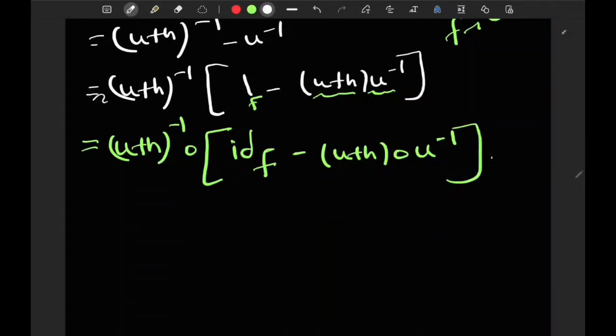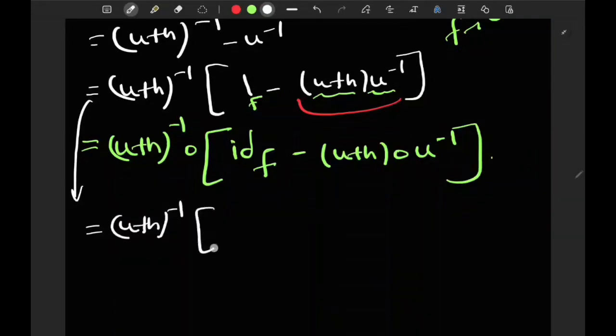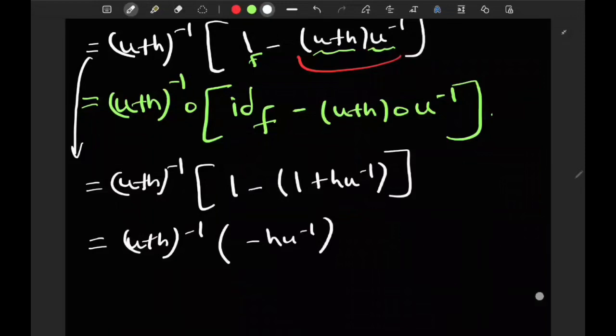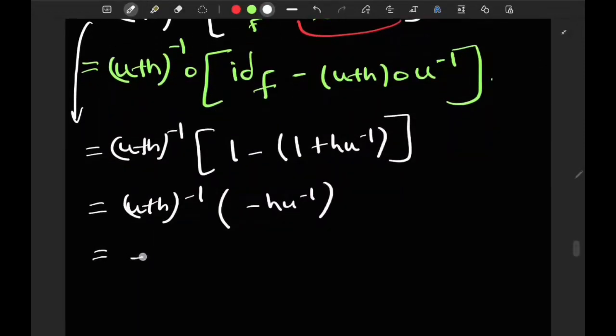Again, to this expression, we can expand this thing. Let's look at the expansions: (u+h) inverse times 1 minus (1 plus h u inverse), right? And this is just (u+h) inverse composed with, or times, minus h u inverse.